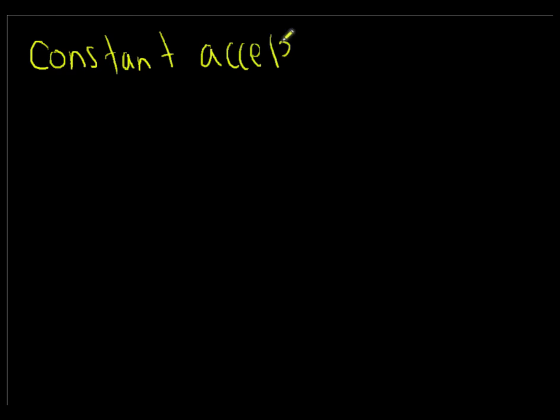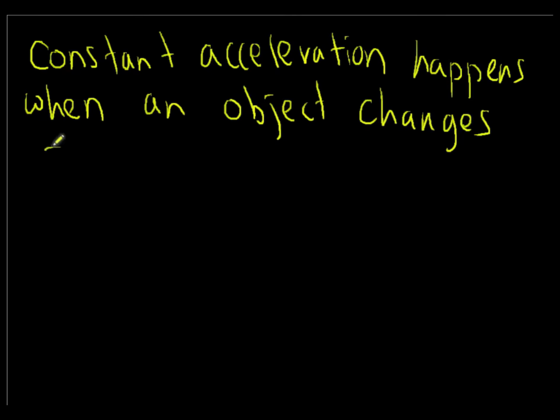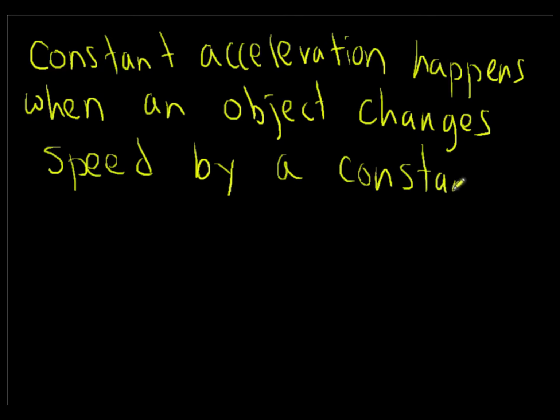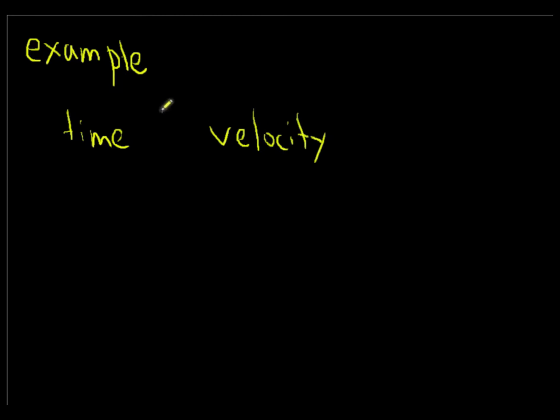Constant acceleration happens when an object speeds up by a constant amount or changes speed by a constant amount each second. For example, here's a data table that shows how an object's velocity changed each second.